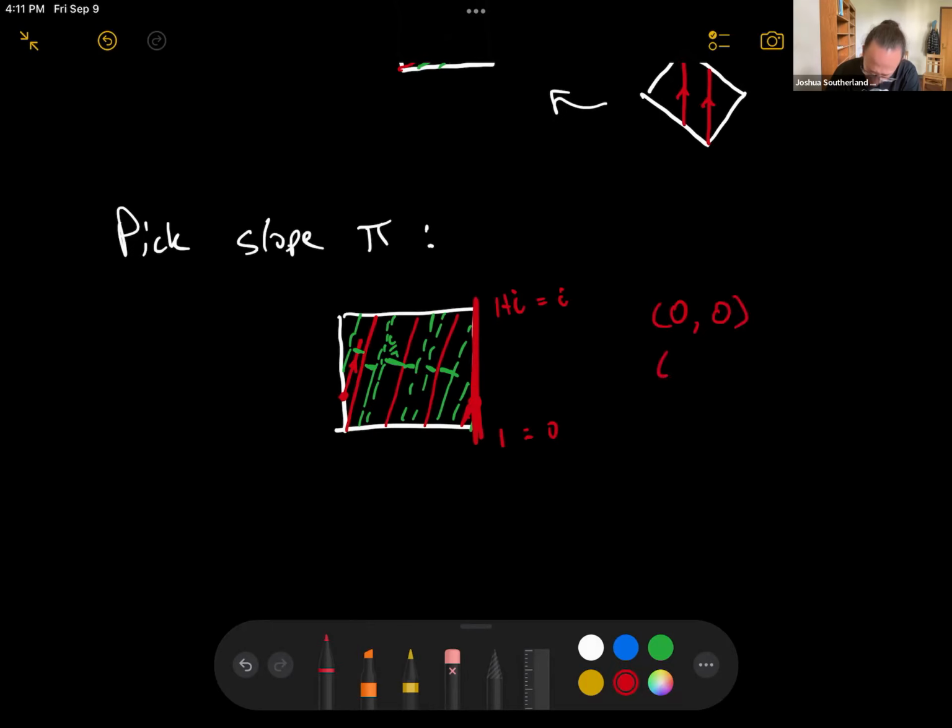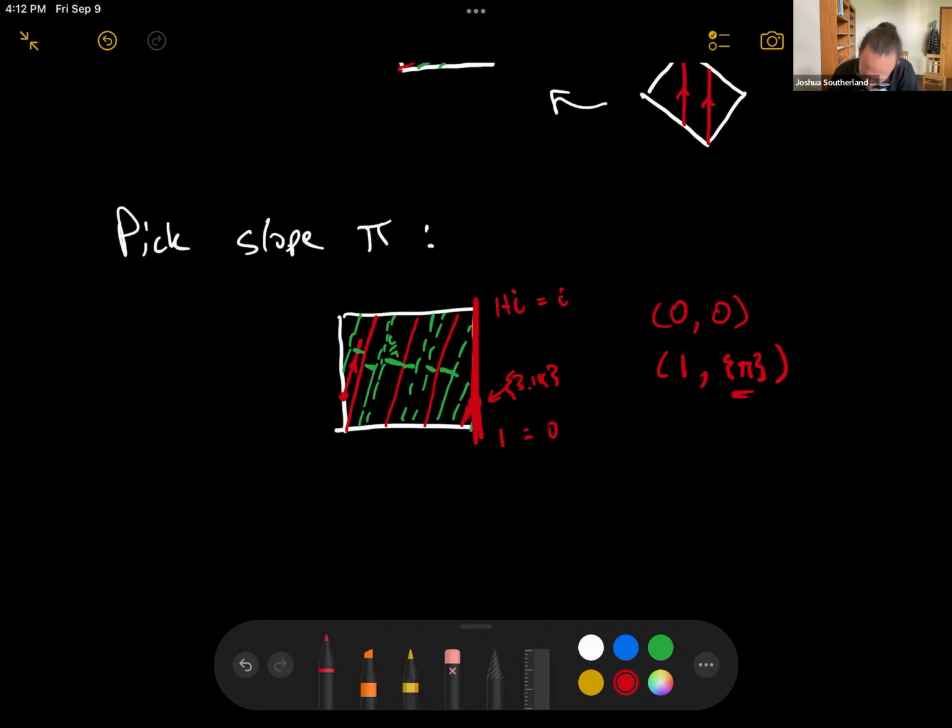And then at x value 1, we have moved up pi. So we're going to hit the section at 3.1 whatever, but we're going to take the fractional piece of pi.